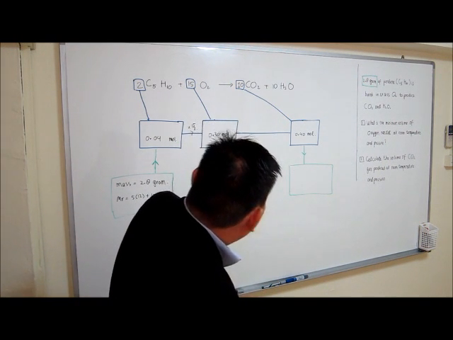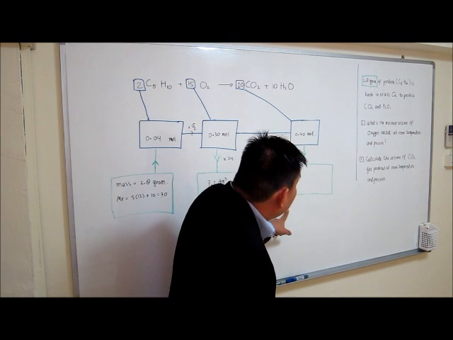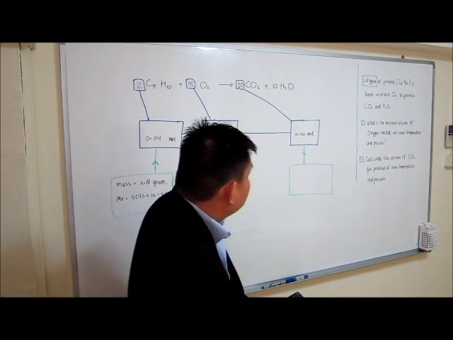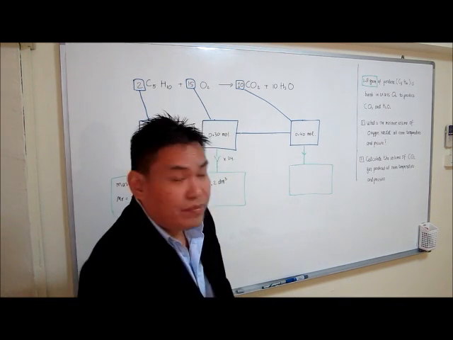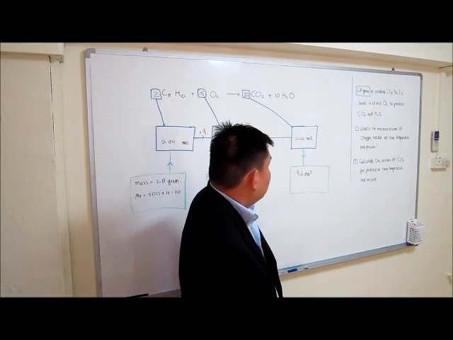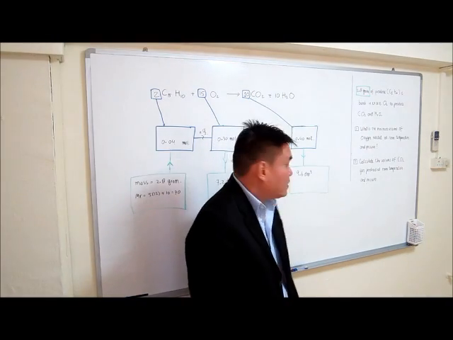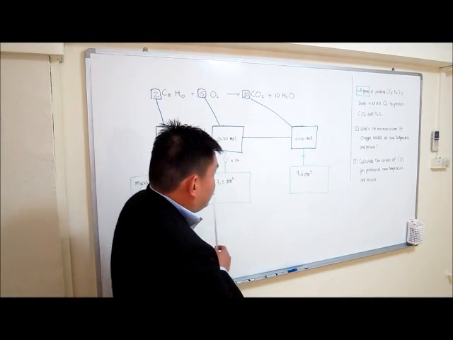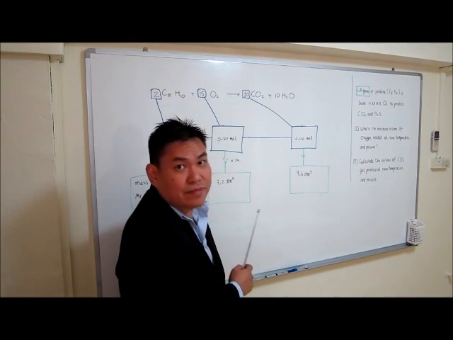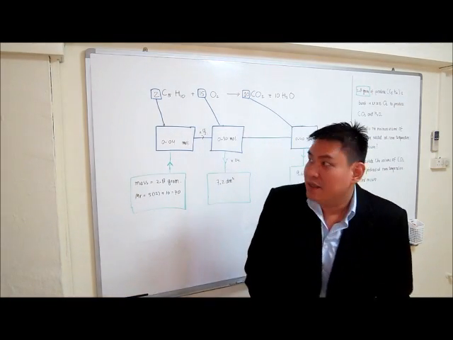Similarly, for question number 2, we need to answer the volume of CO2 at RTP, so multiply by 24. So we managed to answer both questions. Answer for question 1 is 7.2 dm cube. Answer for question 2 is 4.8 dm cube.